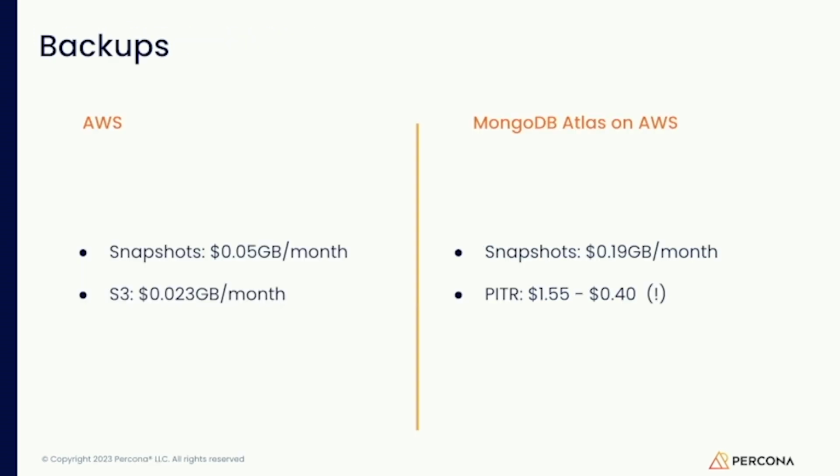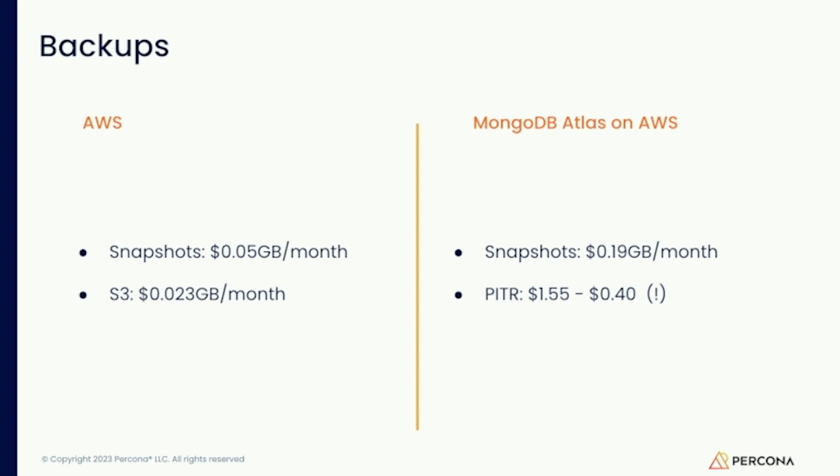And the same applies to backups, right? You can do snapshots in AWS, and I'm taking AWS as an example because this is the most popular, for 5 cents per gigabyte per month, or store things on S3 for even way less. And then if you look at the cost of backups on MongoDB Atlas, well, this is almost 4 times more for snapshots. And if you turn on point-in-time recovery, it can get anywhere from $1.5 per gigabyte to 40 cents, right?